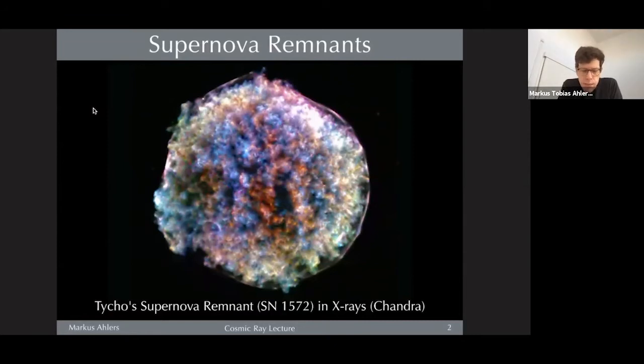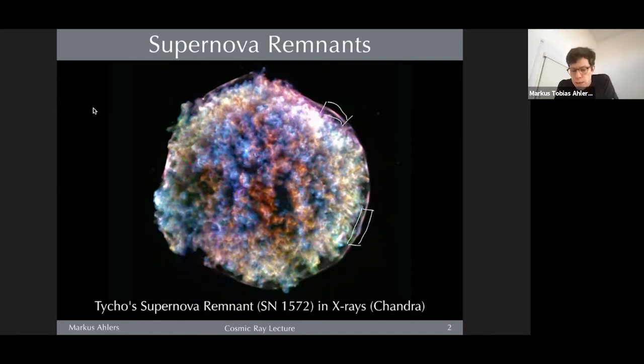However, if you look at this rather young supernova remnant in these X-ray images, you can actually see that there are some X-ray rims, which are basically here in the outer region of your supernova remnant shock.